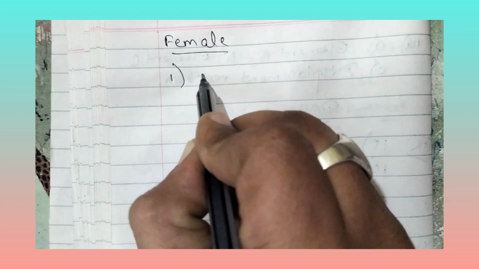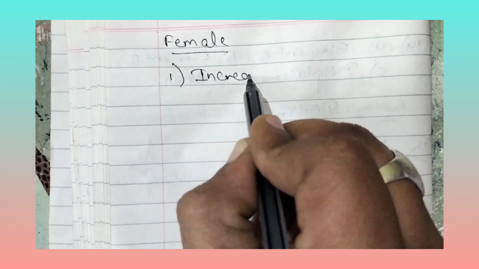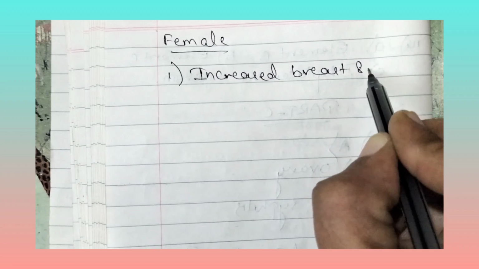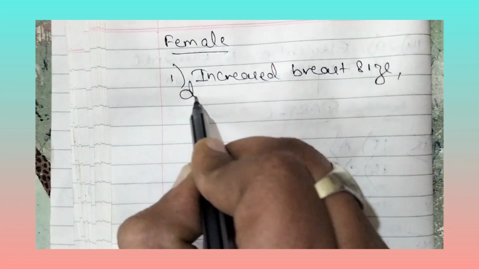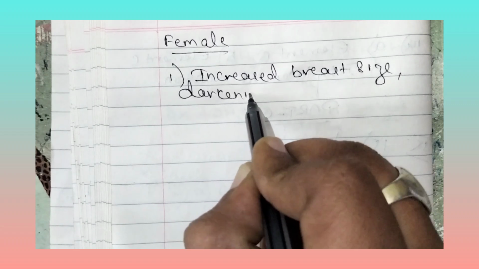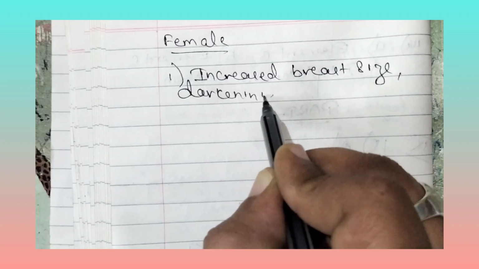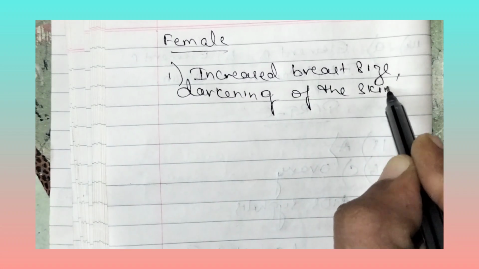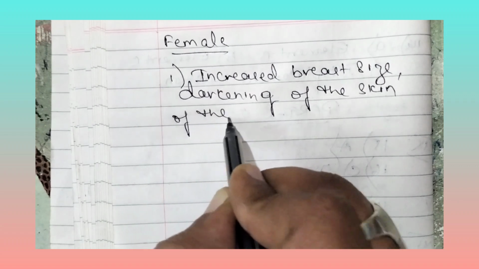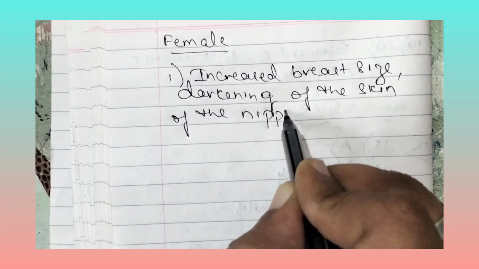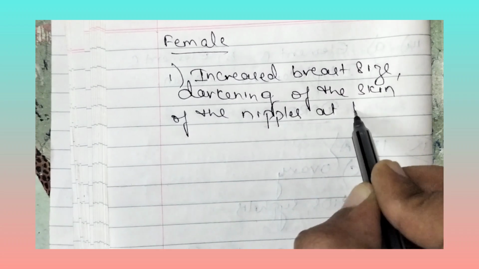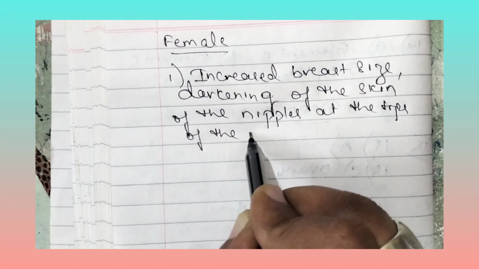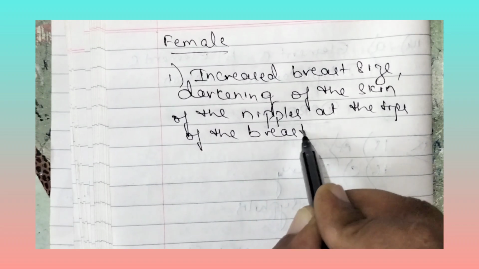The first one is increased breast size, comma, darkening of the skin of the nipples at the tips of the breast. ಇದು ಒಂದು.